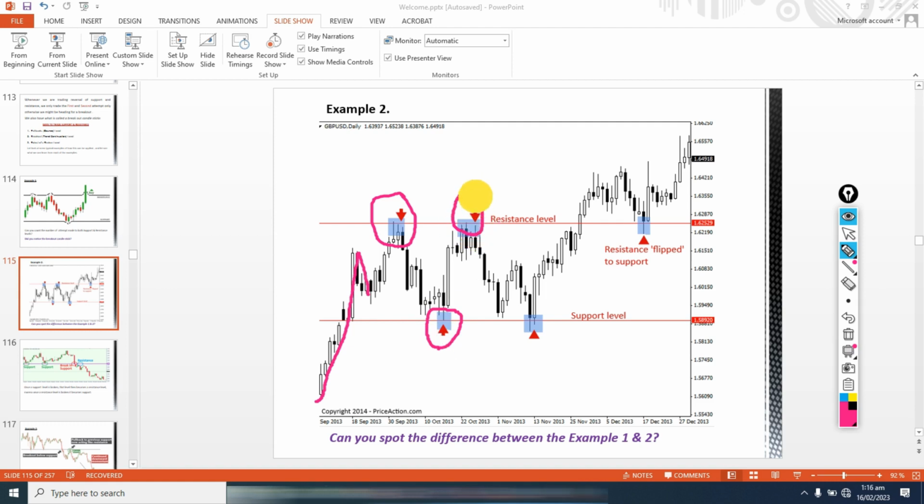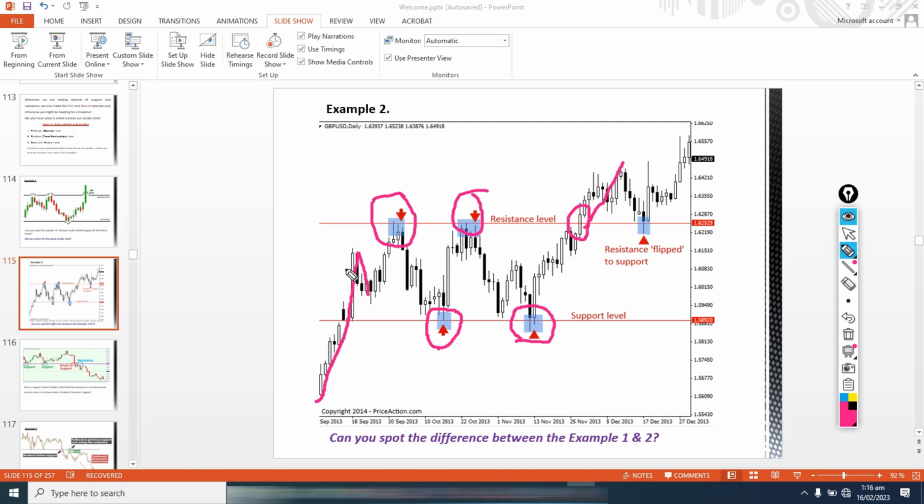So there were 2 attempts on the resistance level here, which is the ceiling, or the highest high, and it came down here, could not break through this level of support. And we found out that price went up, went down, went up, went down, went up, and eventually the resistance level was broken, and price found its way upwards.